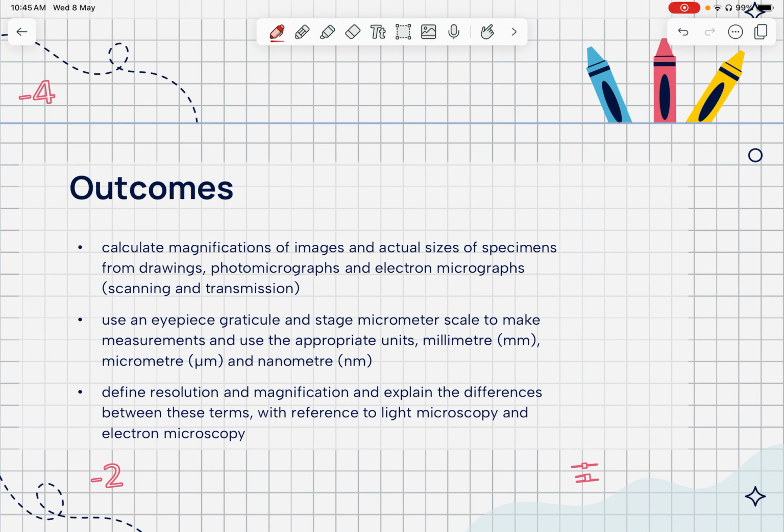This will be the challenging one. If you're new to this it should be a bit tough, but with practice, you definitely will understand this. And the last one is to define what resolution and magnification are and explain the differences between these terms with reference to light microscopy and electron microscopy.